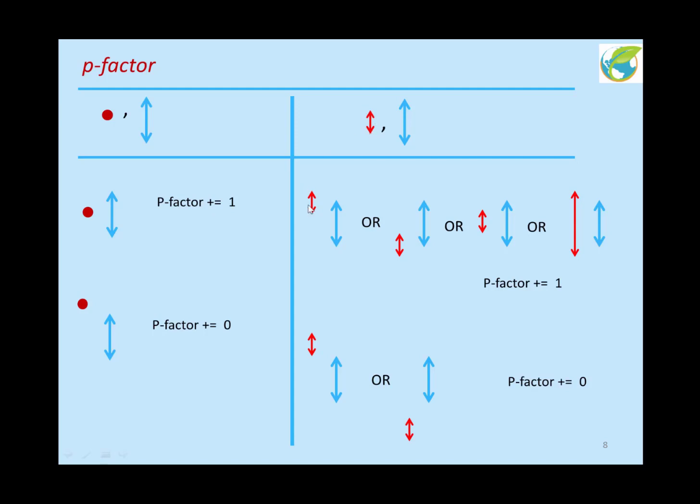So if any value of my measurement falls inside the 95 PPU of my simulation, in the upper 95 PPU or in the lower 95 PPU, if there is an overlap, or when it's entirely within my simulation, or when it's entirely outside, bigger than my 95 PPU of simulation, that's also possible, then my P factor gets a point.